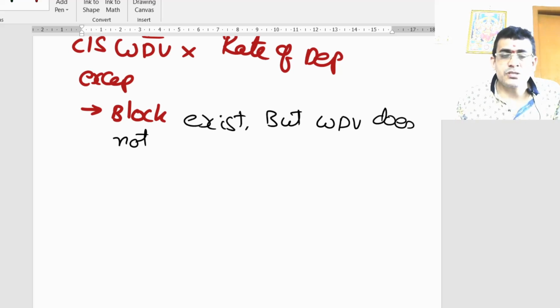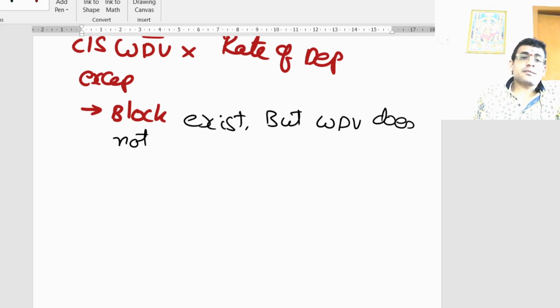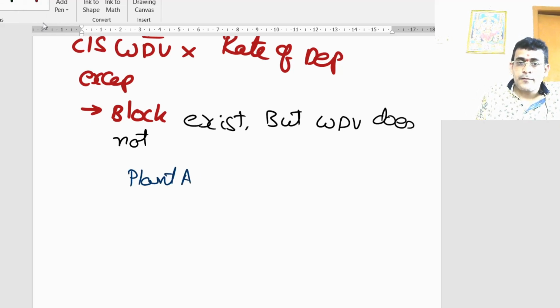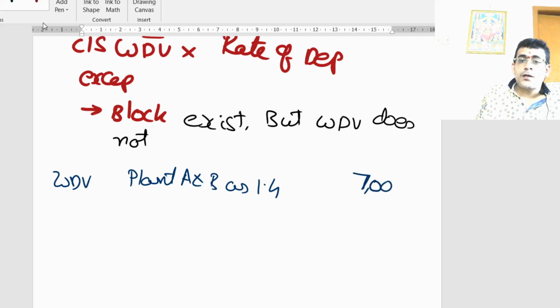Let us try to understand the same thing with the help of an example. You have plant A and plant B, and let us consider the WDV of this block, plant A and plant B, as on 1st April, opening WDV. Let us consider this to be 7 lakhs. Opening WDV of plant A and plant B is 7 lakhs.